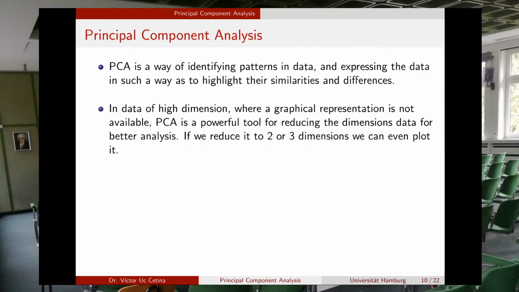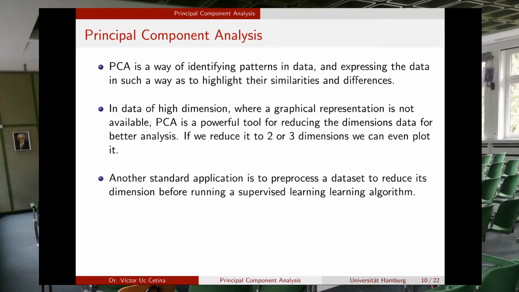Okay. But in general, one of the main applications of PCA is to reduce the dimension, so the computation is easier, and the analysis is also easier.